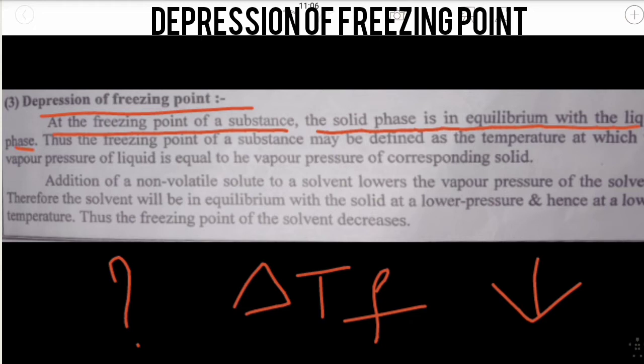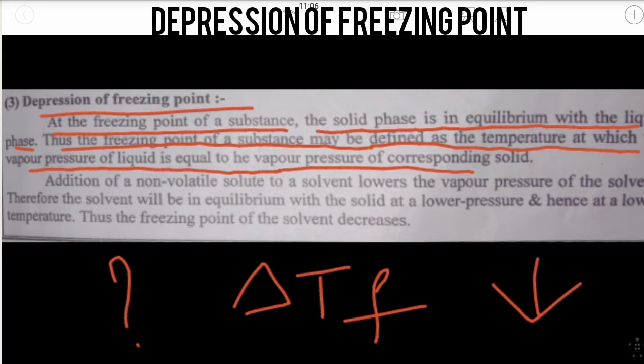When freezing takes place, equilibrium must be established between the solid and liquid. The temperature at which the vapor pressure of the liquid becomes equal to the vapor pressure of the corresponding solid is called the freezing point.